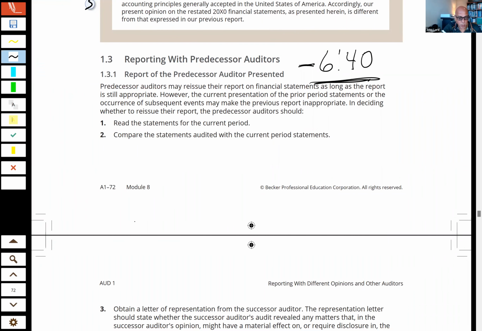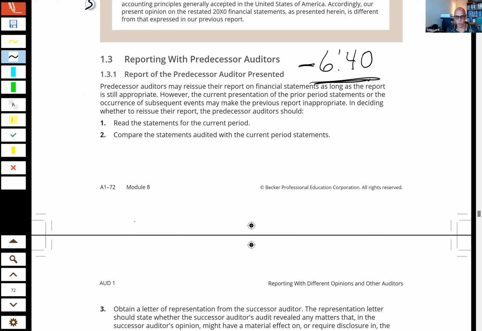Okay. All right. So let's go ahead and take a look. And again, remember what we're really focusing on is some of the causes of the emphasis of matter explanatory paragraph that we sort of set up the reasons for earlier, but now we're getting more into detail. So now we talk about predecessor auditors.